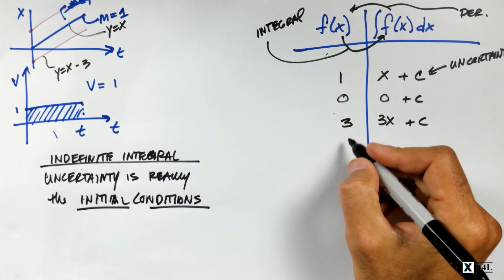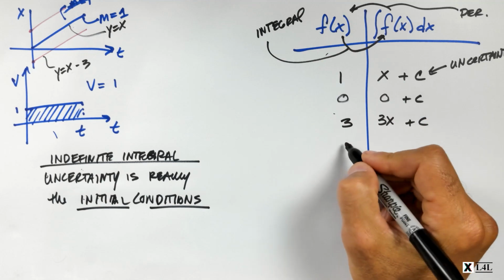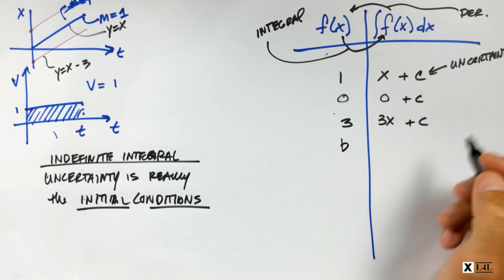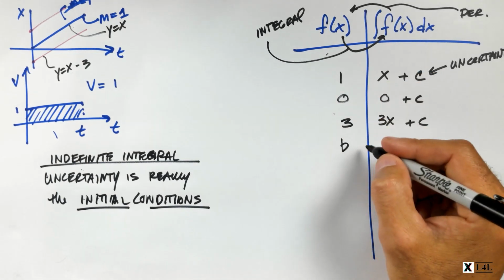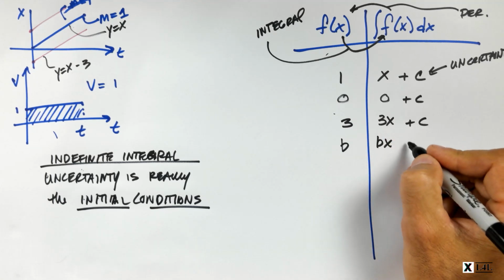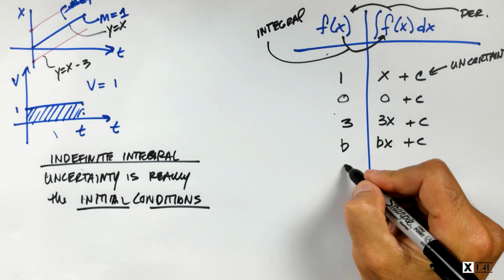In other words, let's just say any constant, we can call this, let's say b for right now. Any constant b, when we integrate that function, is going to be bx. That's the slope, and we still have this unknown. Well, what if I actually want x in here?